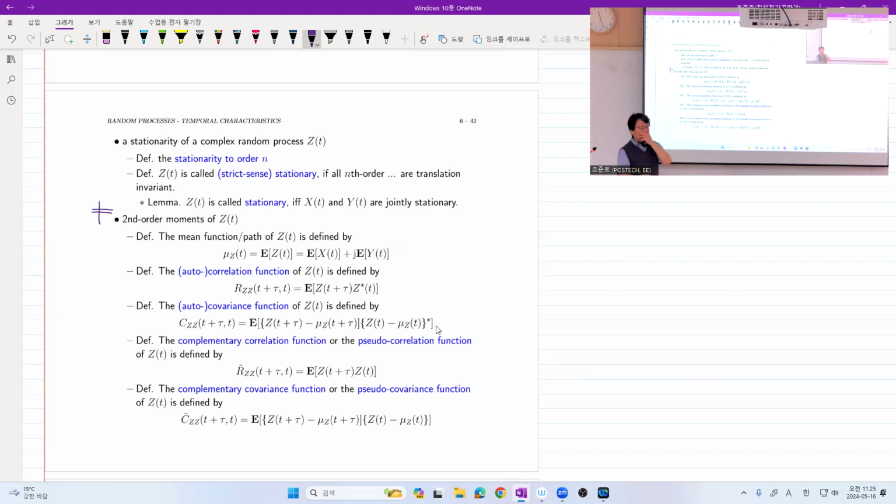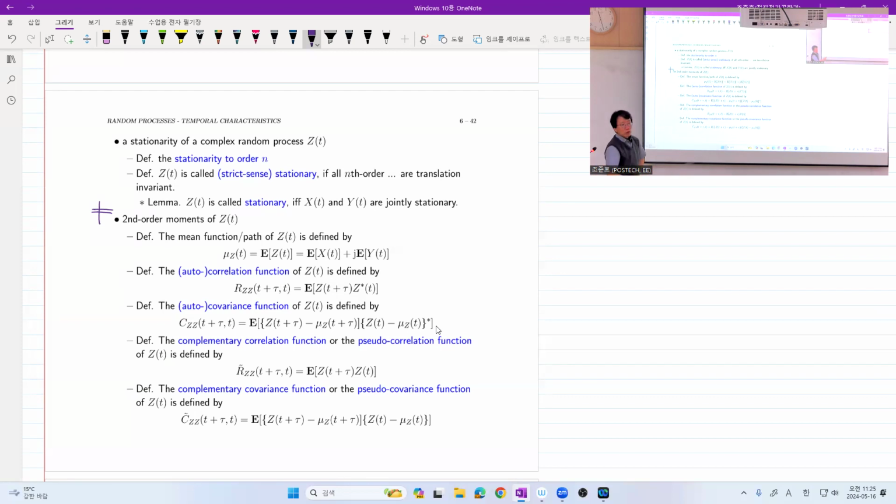Two-dimensional integration on R2 or integration on the Z-plane. And fortunately, since Z is a summation of x plus jy and expectation is a linear operator, we have what? The mean path is simply the mean path of the real part plus j times the mean path of the imaginary part. Got it? So this is simple.